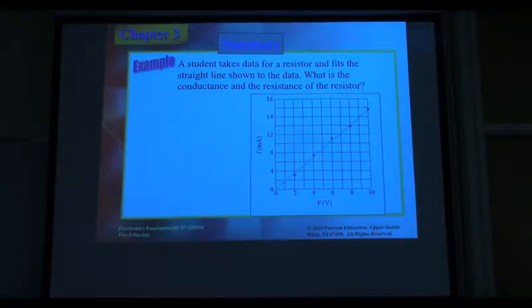The conductance is the reciprocal of the resistance. So we just use this one here: the change in the I-axis divided by the change on the voltage axis. So that will be 14.8 times 10 to the negative 3, divided by 10.